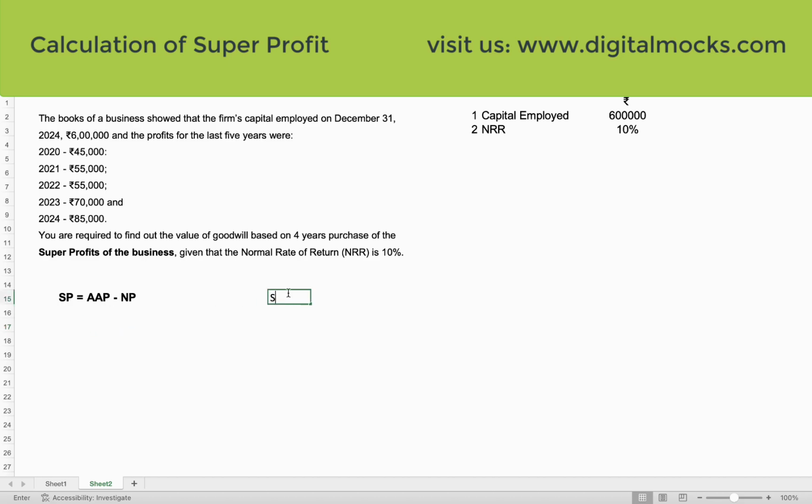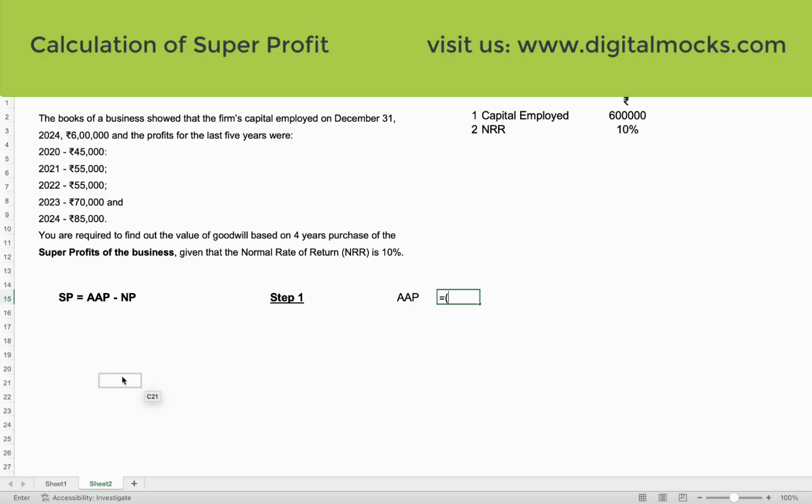So step 1. First we need to find out actual average profit, right? In order to find the super profit. So step 1 is to find out actual average profit. And for that, what will I do? We will calculate the simple average of the last 5 years profit which are given in the question. So first I will add up all the profits of the last 5 years.